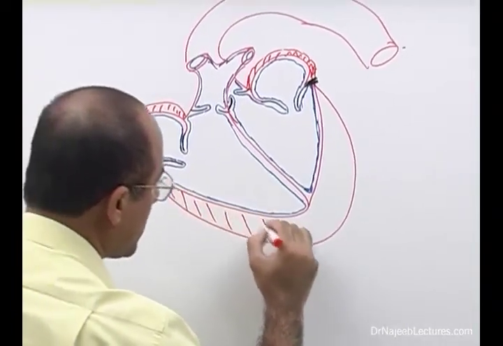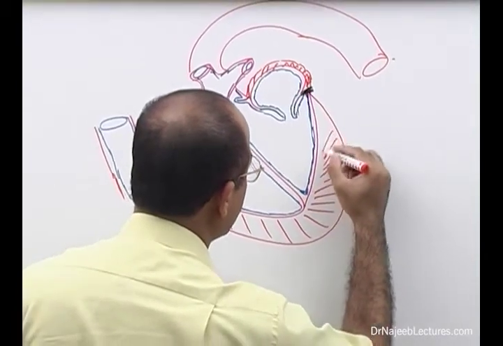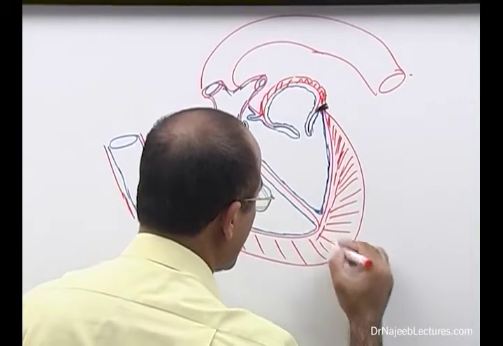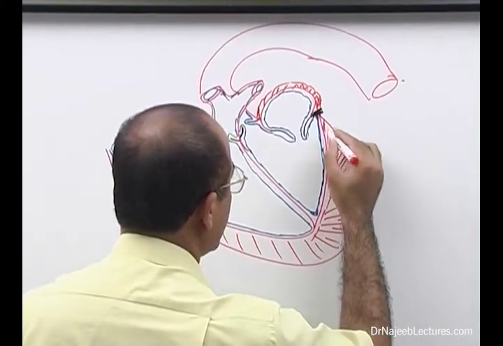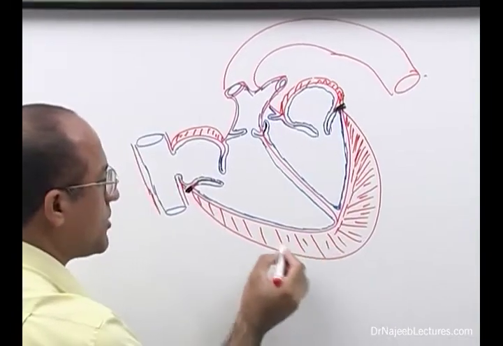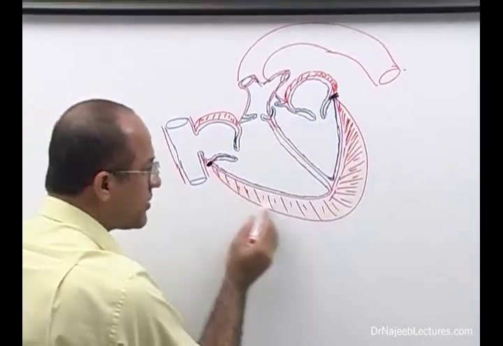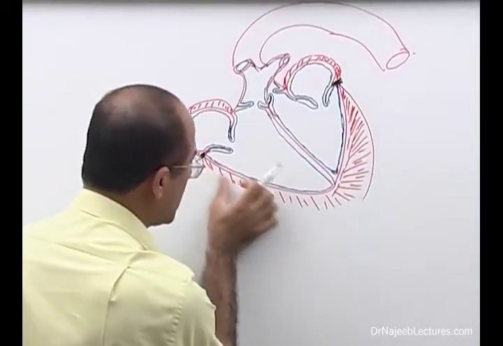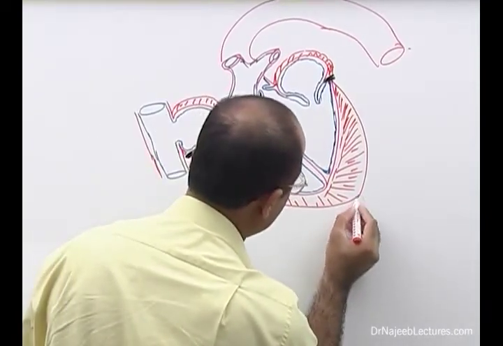This is all your myocardium, and especially you have to remember myocardium of the left ventricle is thicker than the myocardium of the right ventricle, because left ventricle has to push the blood into high pressure circulation, which is systemic circulation, right? And right ventricle has to push the blood into low pressure circulation, which is called pulmonary circulation, right?